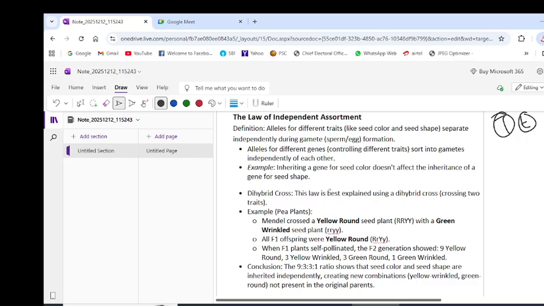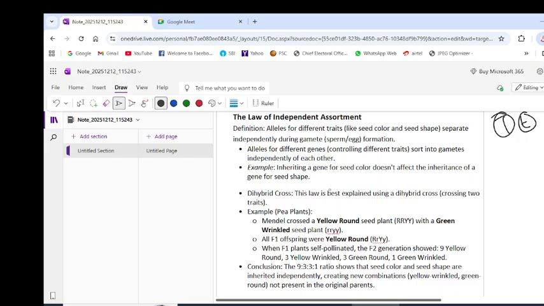Gamete means the sperm or egg. So during gamete formation, the alleles of different traits separate independently without interfering with each other.